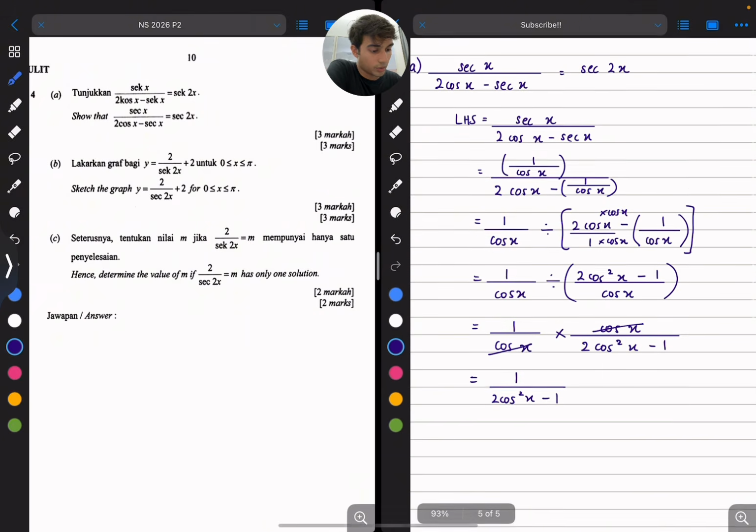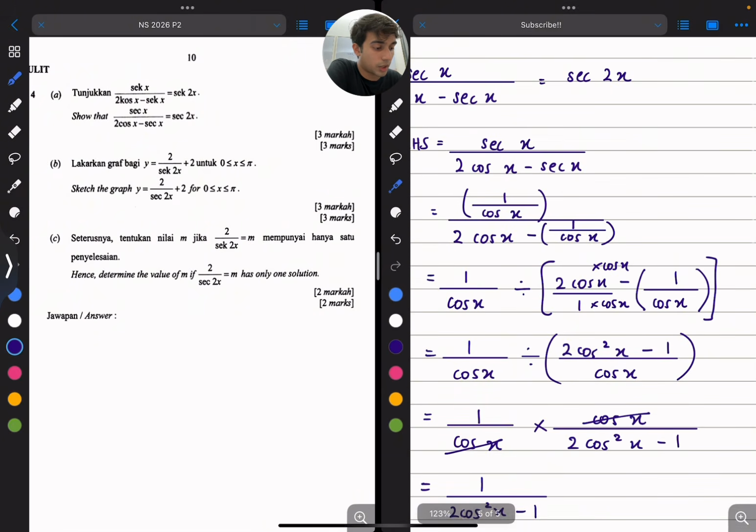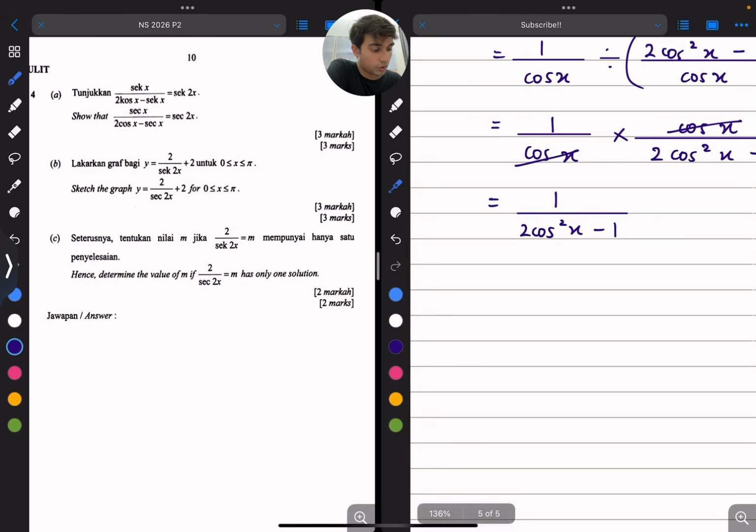We need to prove it into sec 2x. Sec is 1 over cos, so sec 2x is 1 over cos 2x. So you go and find the cos 2x formula.